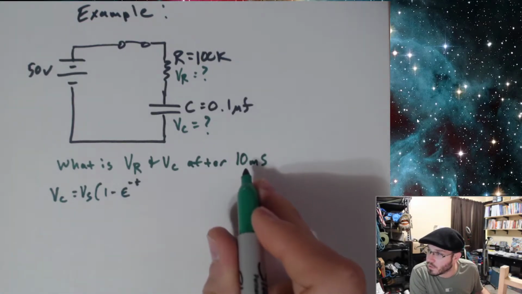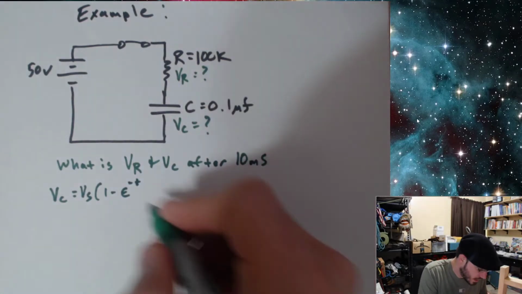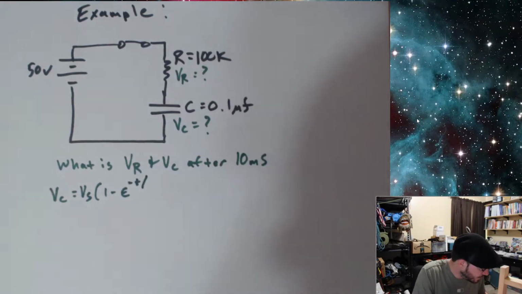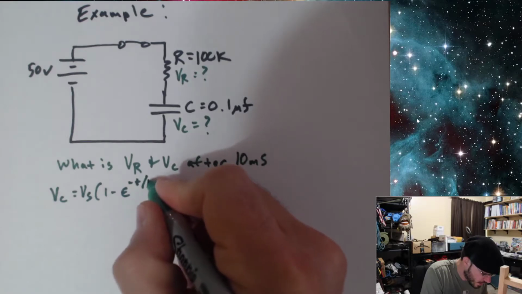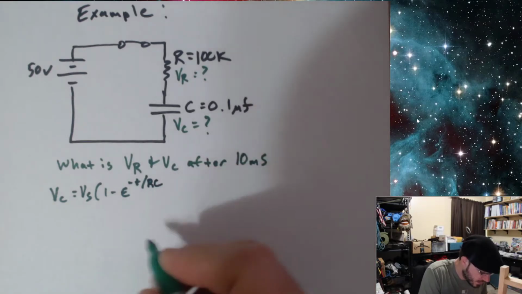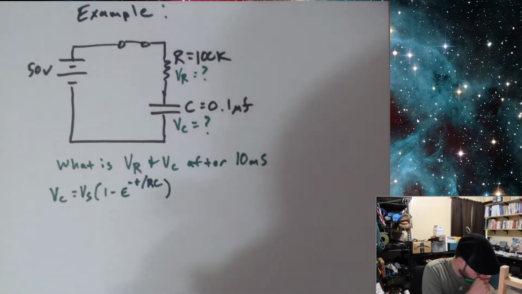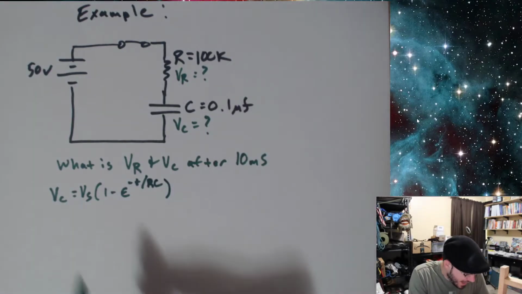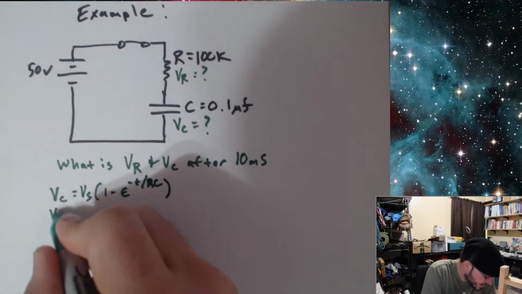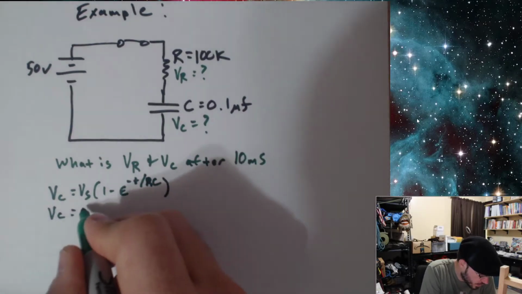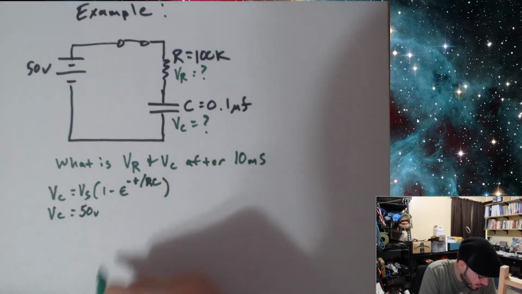We're going to be solving this for at 10 milliseconds, divided by the time constant. The time constant is going to be RC. So let's go ahead and just plug in what we're given here. So V sub C, therefore, is going to be equal to, well, our supply voltage is 50 volts.